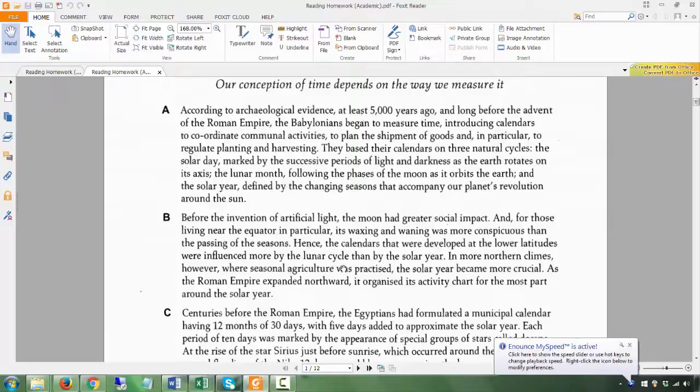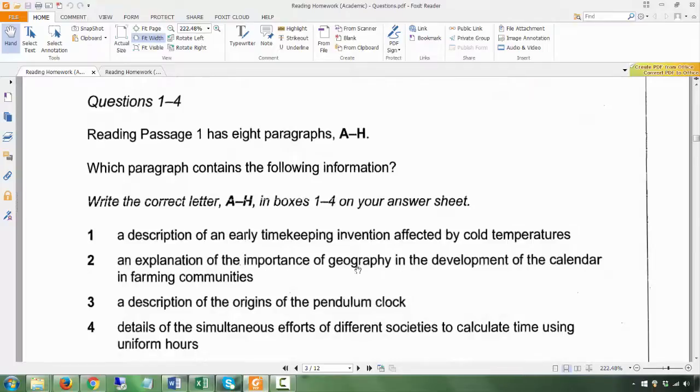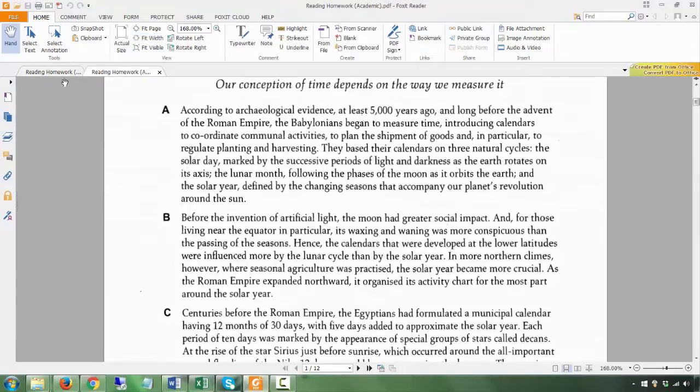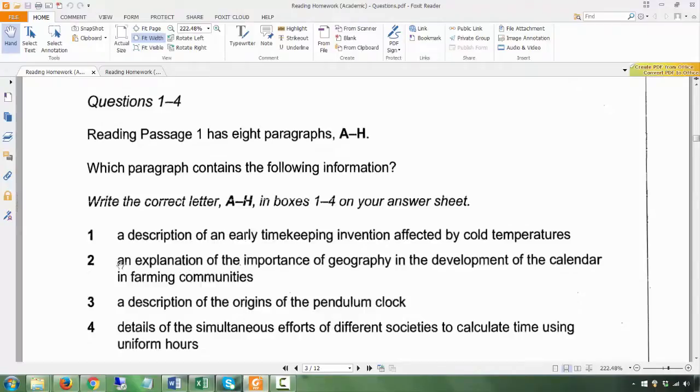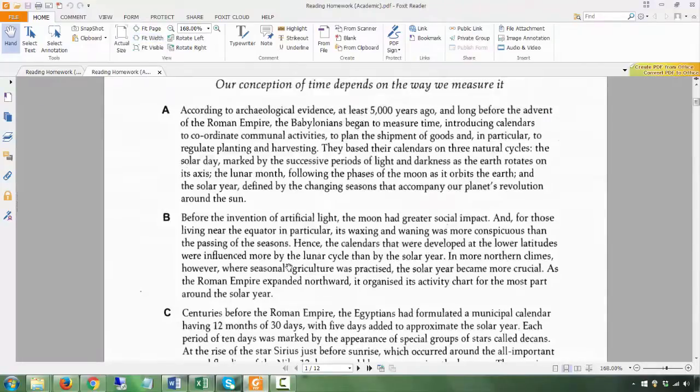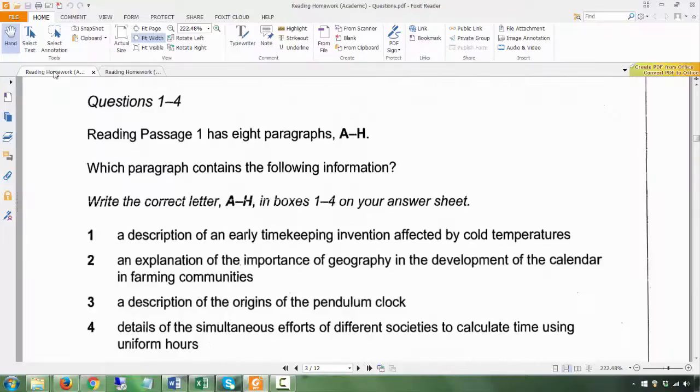Agriculture. When you talk about farming, you're talking about agriculture, right? So again, this is a synonym. You have to understand that, as I mentioned, not every single part, but the key points are definitely going to be somewhere in the text. So straight away, as I look at this question, I look at farming communities. I know that somewhere there's going to be something about farming. So there's agriculture. And importance of geography.